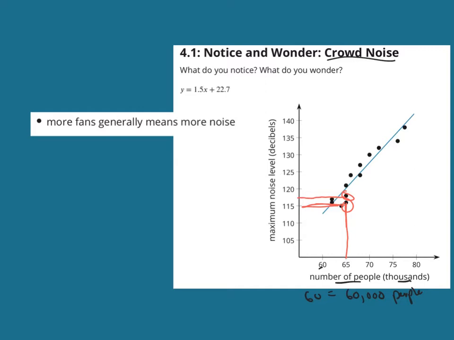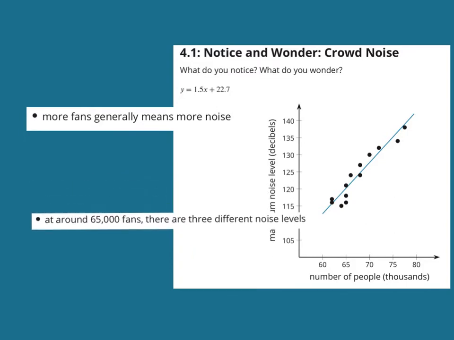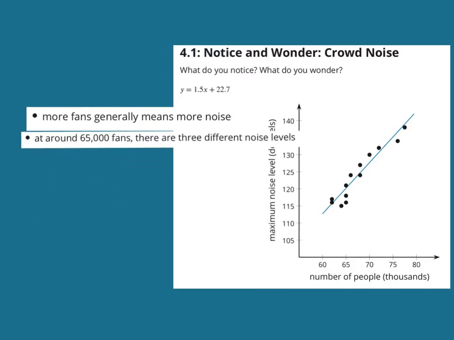Maybe they had 65,000 fans in one location and measured it, 65,000 fans in another location and measured it, and they were more excited at some point. Or maybe it's a measurement at various times in a concert where there's 65,000 people. So at 65,000 fans, there are 3 different noise levels, and they're referring to these 3 right there.